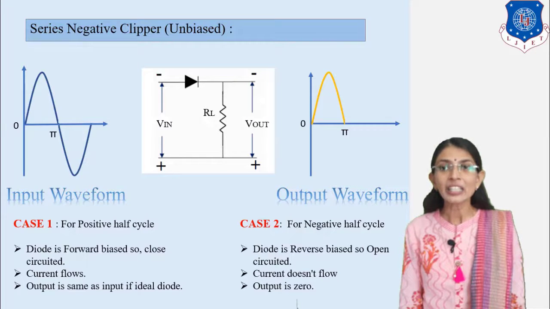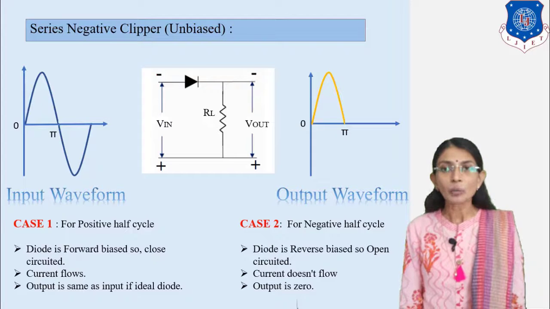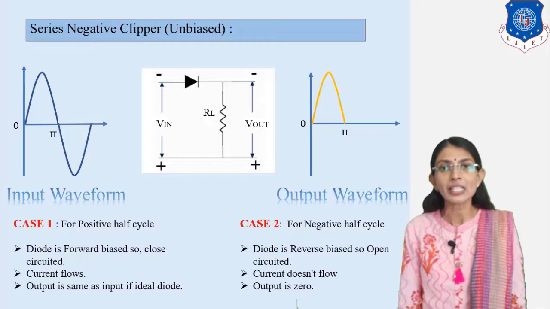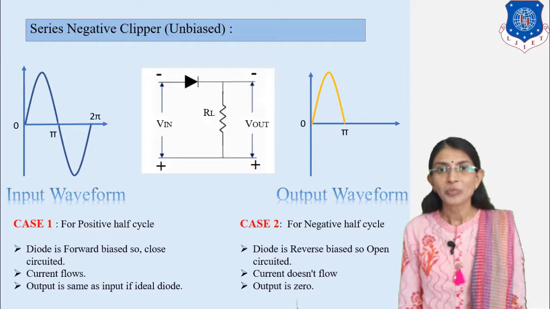So finally, in case 2, during the negative half cycle, as the input terminals are reversed, the output voltage will be 0, even though the input cycle is negative. Fine. So we will have this output waveform like this, between pi to 2 pi.